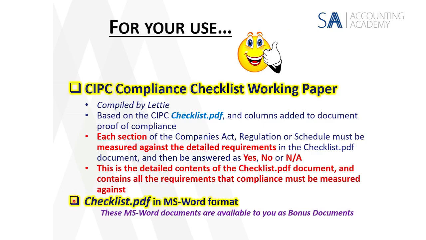I will also, by the time that the webinar finishes, there will be a third document in your bonus document, and it will be called Detailed Working Paper. Let's call it, I don't know, Lettie's Detailed Compliance Checklist Working Paper. And what that will be is it will be my normal compliance checklist with all the requirements in it as one document.